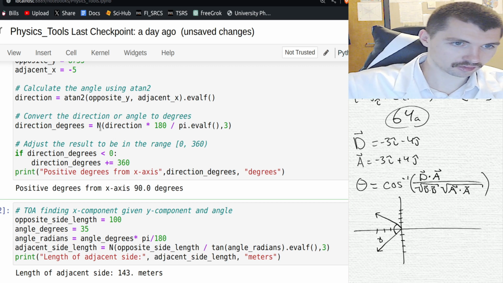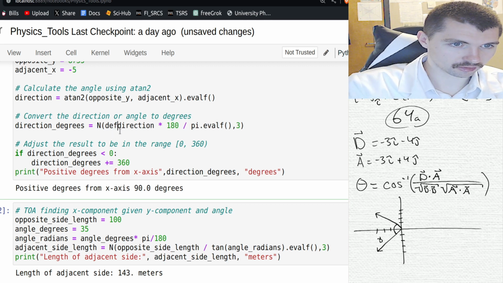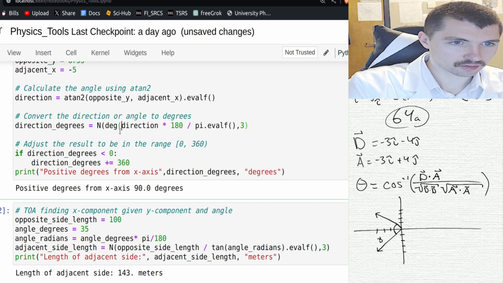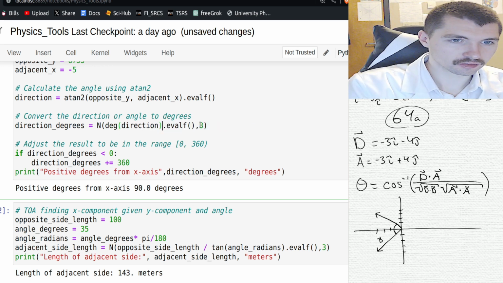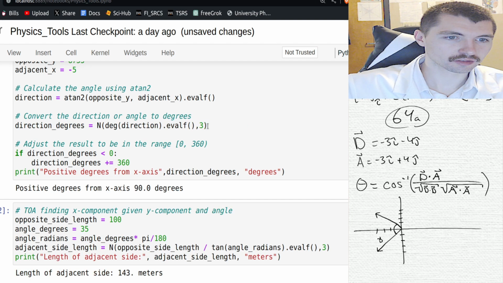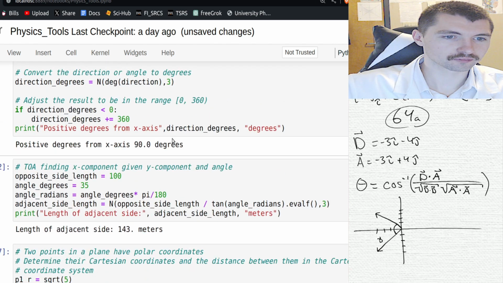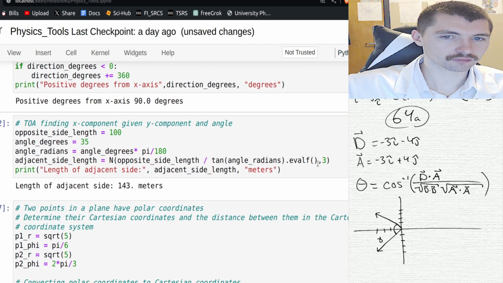So we want degrees, direction. Okay, cool. Don't need this eval if I'm doing the n.